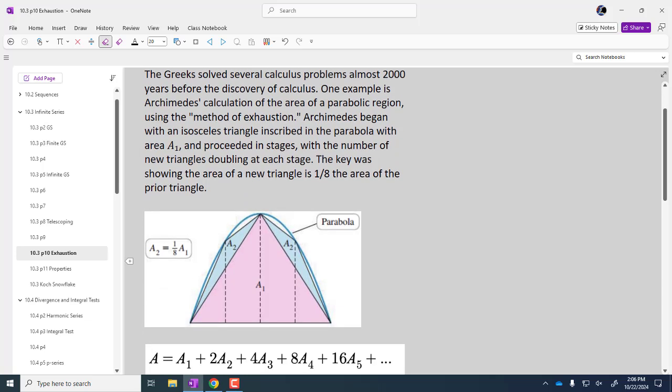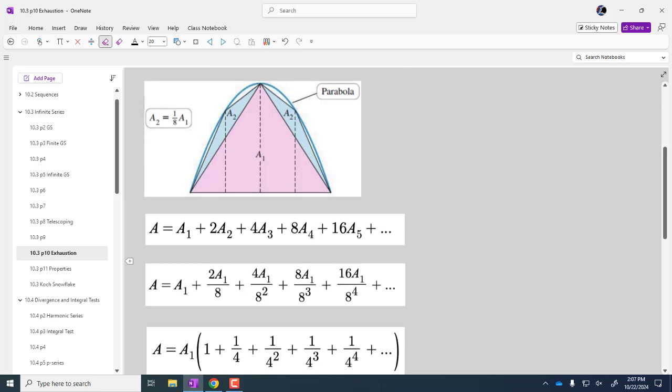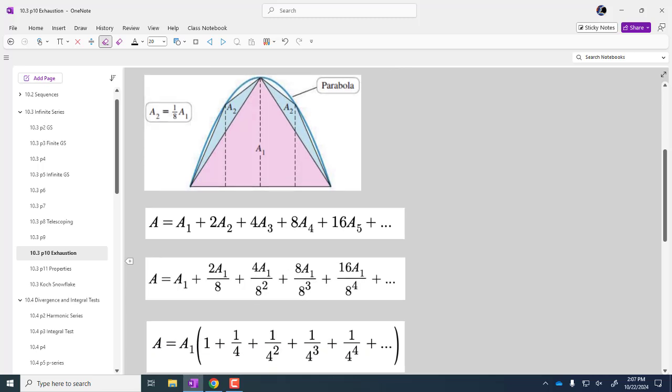So back in the day, before calculus was invented, it was a big deal to try to find the area of regions that weren't geometric, regions that you couldn't find formulas for really naturally. So finding the area of a parabola, super hard.